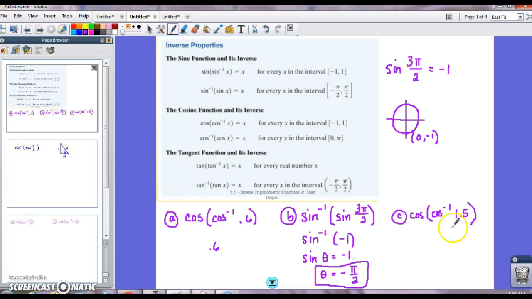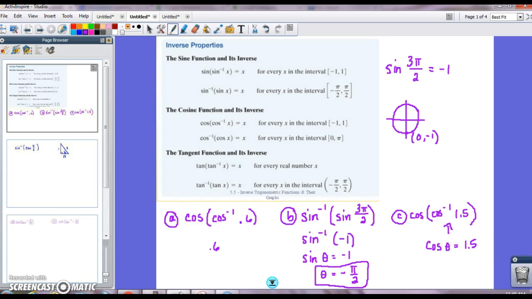In letter C, again, this follows this format here of cosine of the inverse cosine of x for x. The problem is that 1.5 doesn't fall between -1 and 1. And because it doesn't fall in that interval, that means I can't actually do this. If you think about it, the part that's inside the parentheses is saying, what angle has a cosine of 1.5?